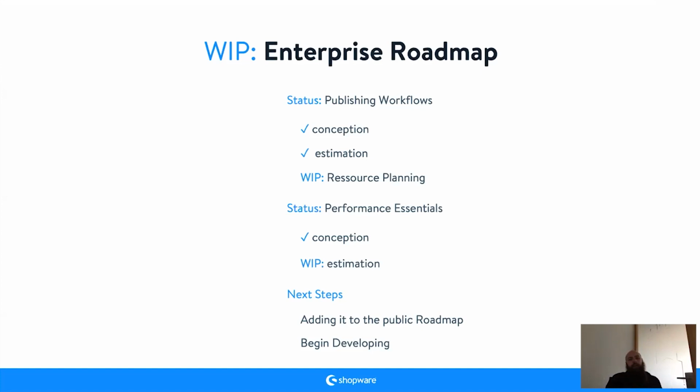So the next steps will be adding it to the public roadmap as soon as we are sure how many resources we want to use in this epic, and how many days we will need to spend on this epic. And for sure, we need to start developing in the next steps.